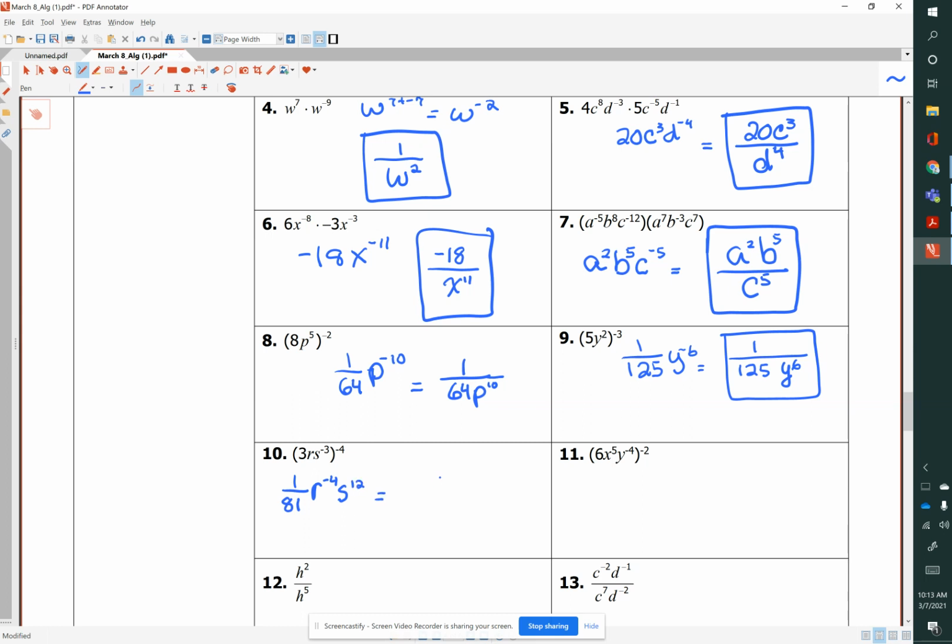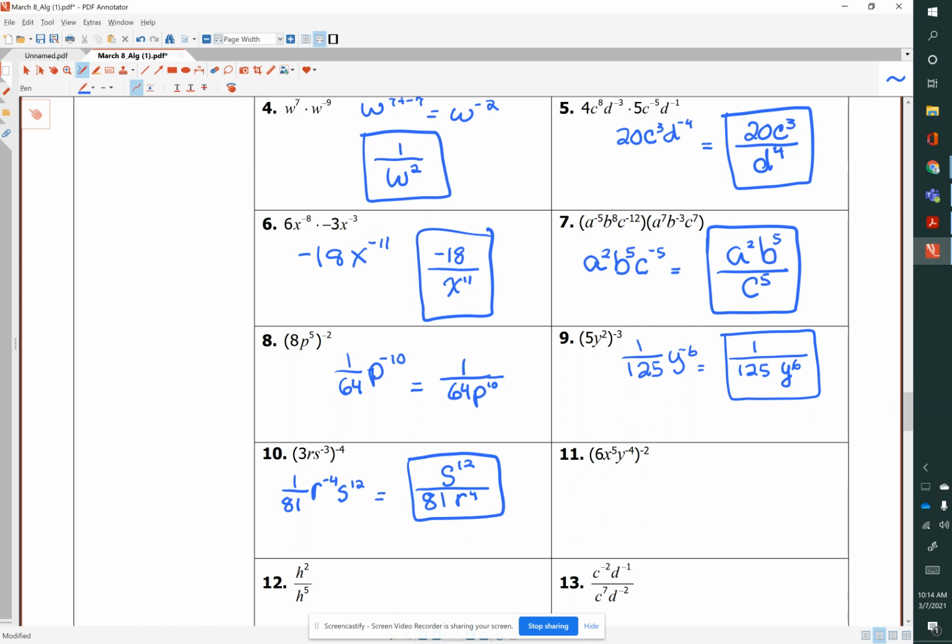We simplify that with 1 in the numerator, not done yet, 81 in the denominator, R in the denominator with an exponent of 4, and then the numerator contains our s to the 12th power, and the 1 now becomes invisible. We do not need to write the 1 there. So this is our final answer with s to the 12th power in the numerator, 81 r to the 4th power in the denominator.